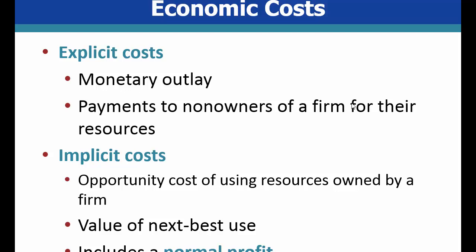So that's also going to be in the list of implicit costs. And we also are going to consider a normal profit there, which is the payment to the entrepreneur to maintain their salary. So all of these are implicit costs that we need to consider.